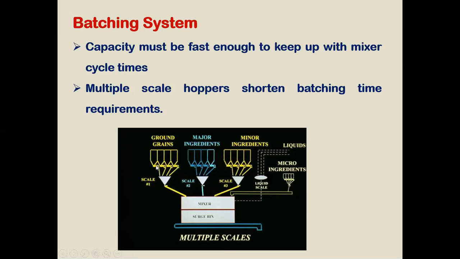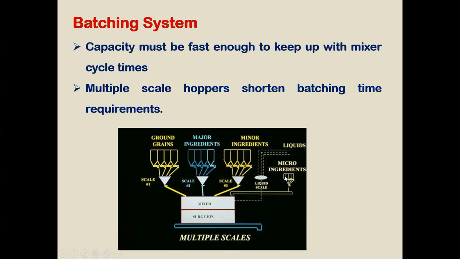You can see here there are different hoppers fitted with the mixer for individual ingredients like ground grains, major ingredients, and minor ingredients, and liquid ingredients. The liquid pipe is also connected with the mixer, through which liquids like oils, molasses, etc., pass. It is meter regulated and goes to the mixer for mixing.